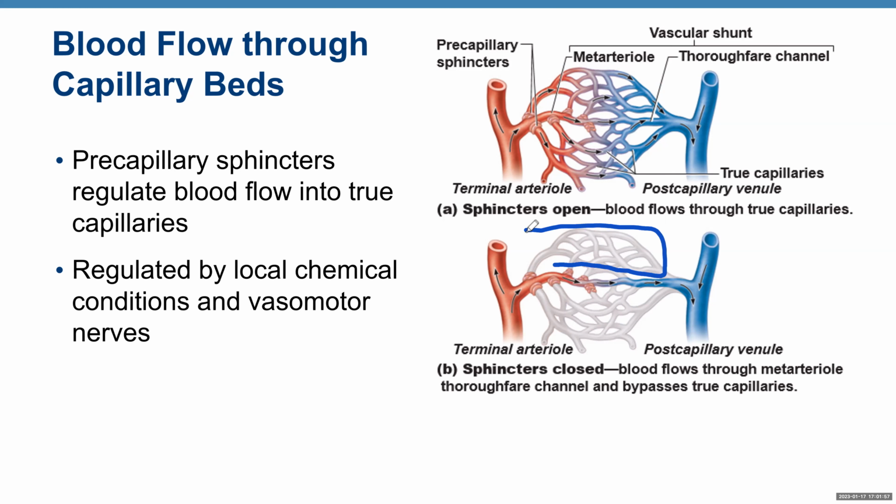If you are exercising, for example, you need blood flow to your muscles, not to your GI tract, then you can contract those sphincters and allow less blood to flow through your digestive organs and more blood flow to your muscles.